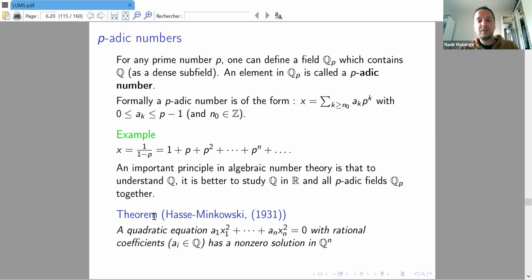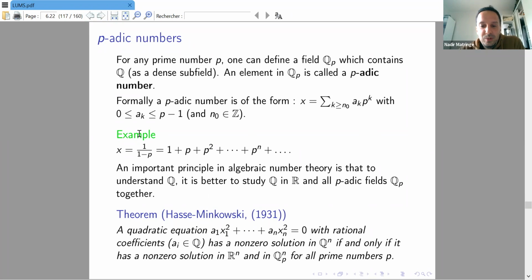So the theorem of Hasse and Minkowski tells you that this equation has non-zero solutions in Q^n if and only if this is the case inside R^n and inside all Q_p^n for all prime numbers. And because there's more room inside R and Q_p, it's easier to find solutions inside R^n and Q_p^n.